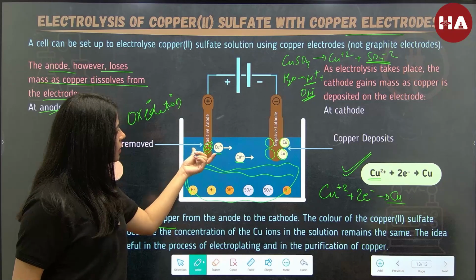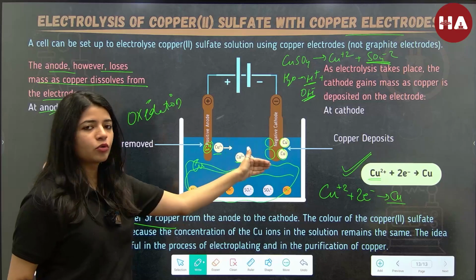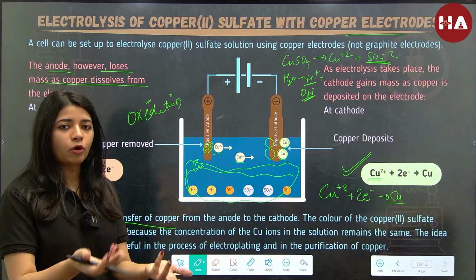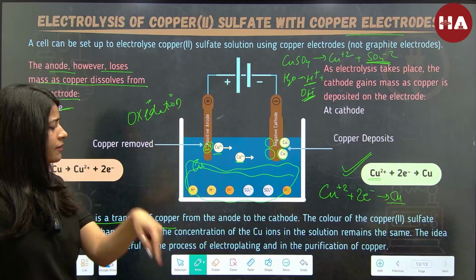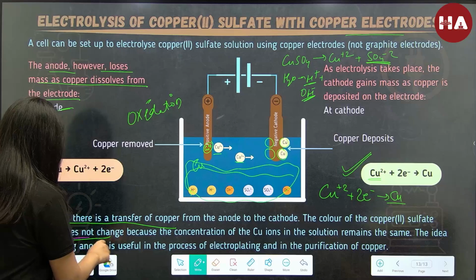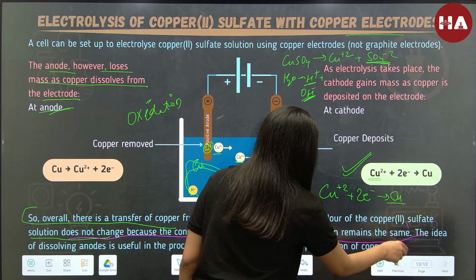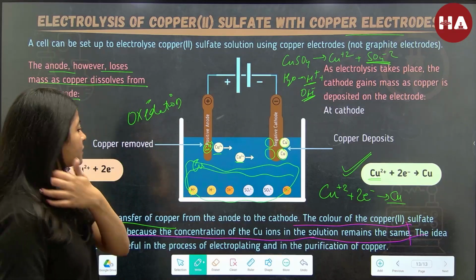Then copper comes here, loses electrons, becomes a cation. Then again it moves to the cathode to gain electrons, neutralize and get deposited. So the same thing is happening again and again. Hence, there is no color change. Why have I mentioned this line in this particular slide? Because this question has been asked in your previous past paper. So the color will not change, the color will remain the same.